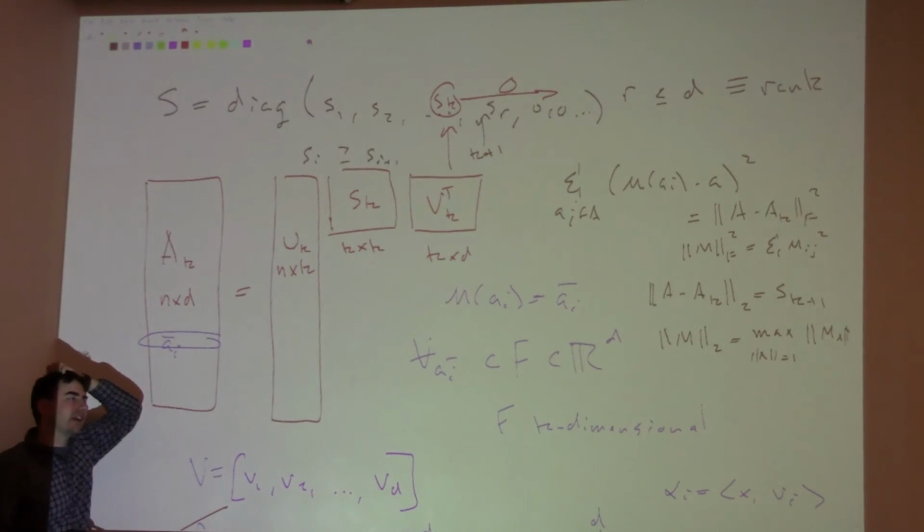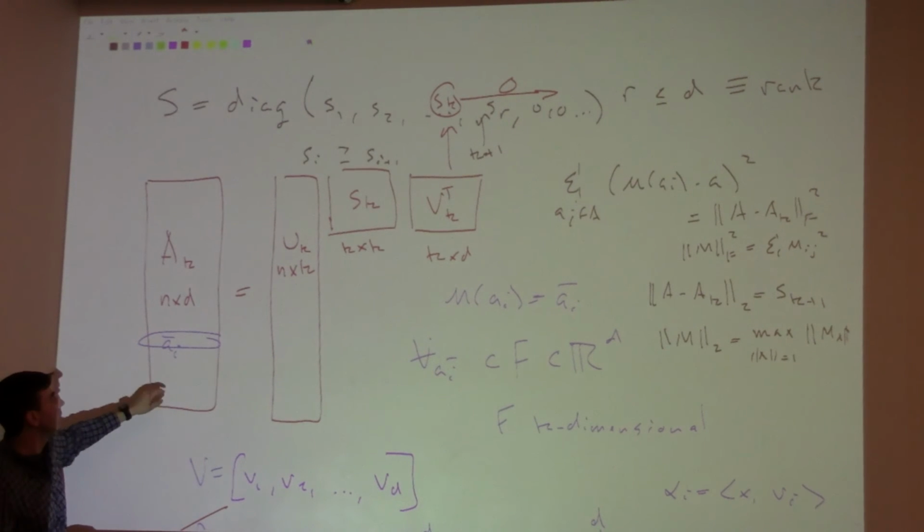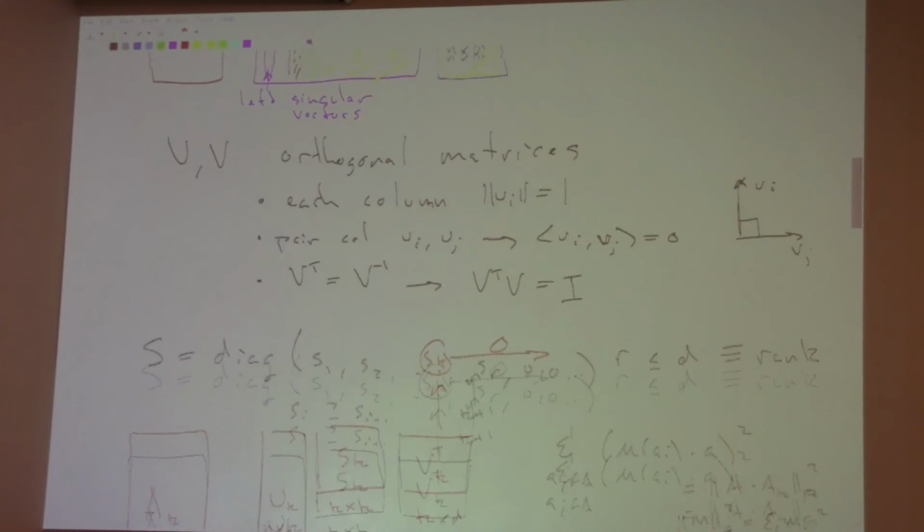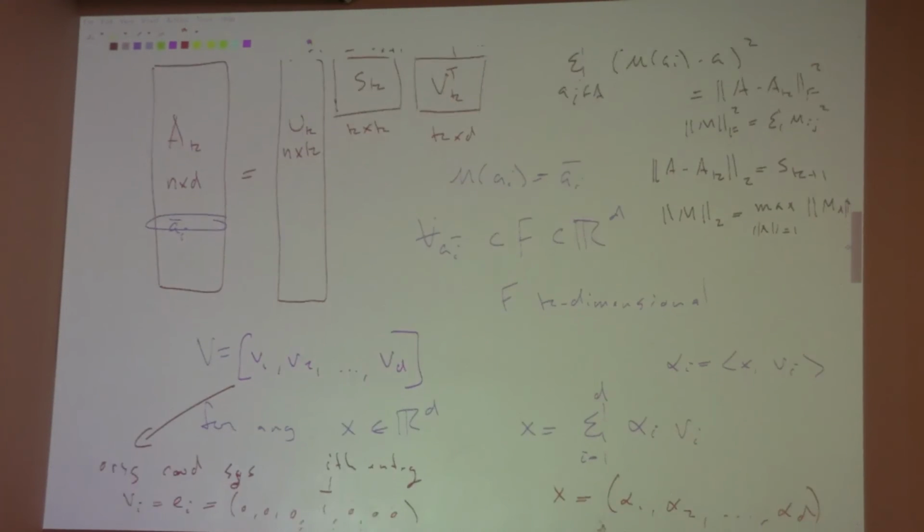Then I can map all the points onto this coordinate space by just taking the dot product. Remember, I got the new coordinates by taking the dot product.